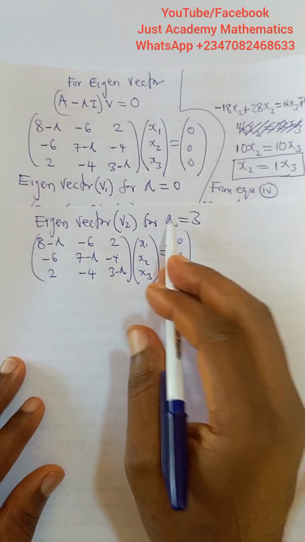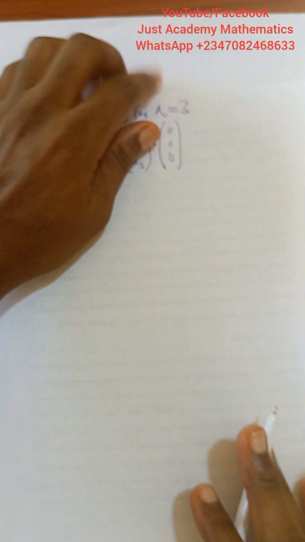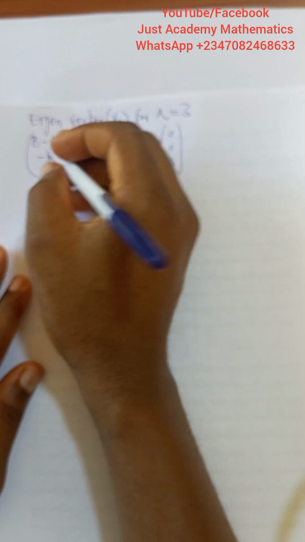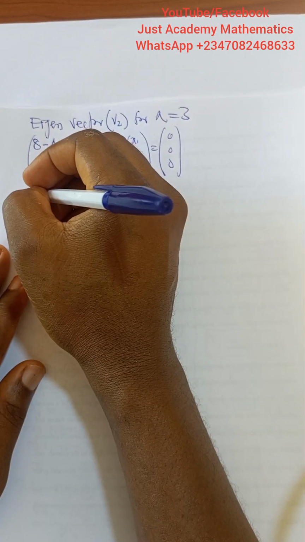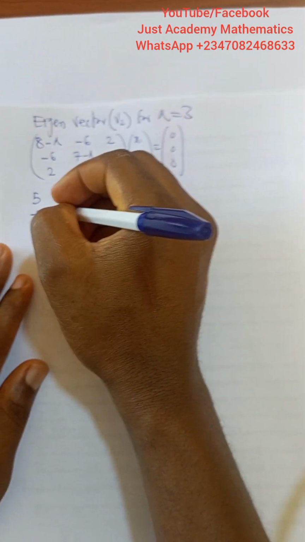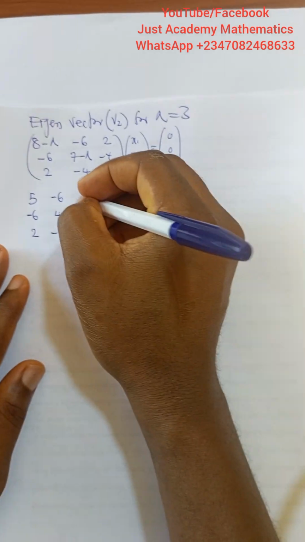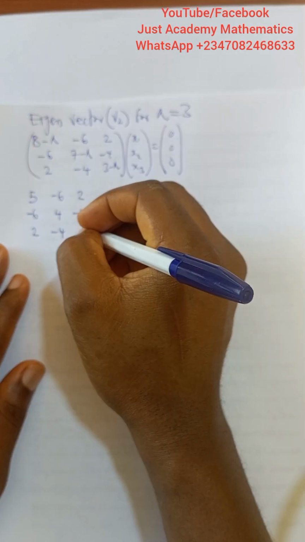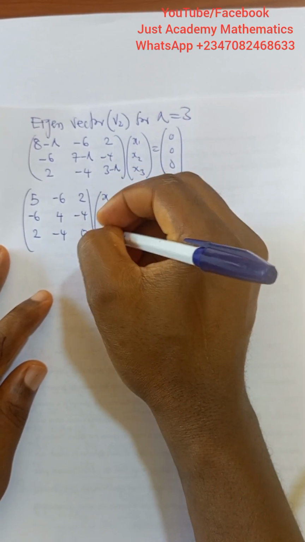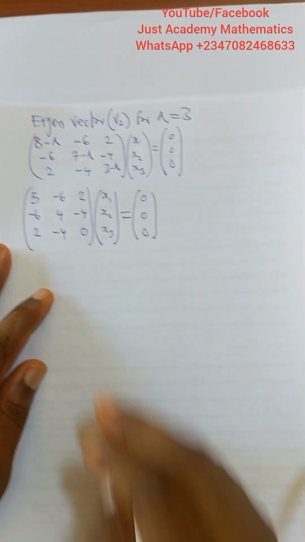Now, when lambda is 3, what do we have? 8 minus 3 gives us 5, minus 6, 2; minus 6, 7 minus 3 gives us 4, minus 4; then 2, minus 4, 0, times x1, x2, x3 is equal to 0, 0, 0.